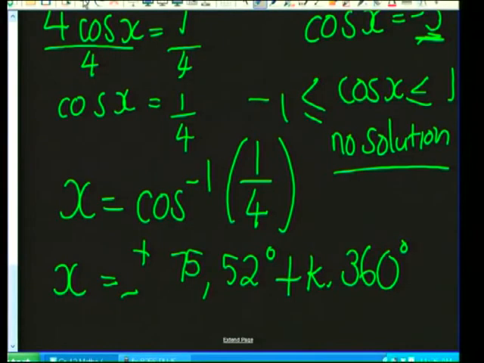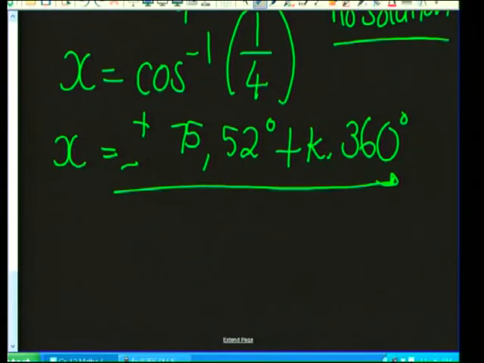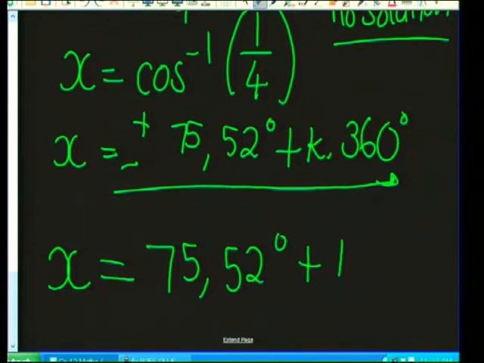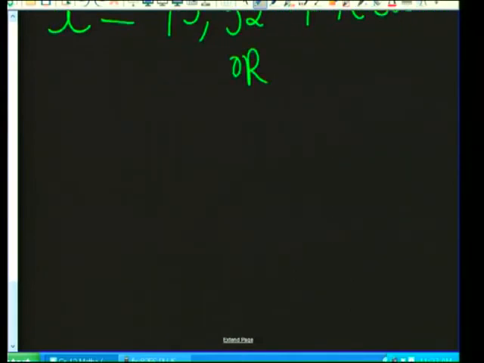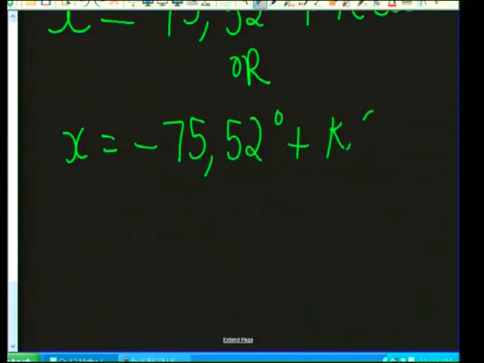Now, guys, this is the only solution that you can get to this question. But this solution can actually be expanded. So let's look at how we can do that. Either x is equal to plus 75.52 degrees plus k 360, or I'll just put a big or there, x is equal to negative 75.52 plus k 360.